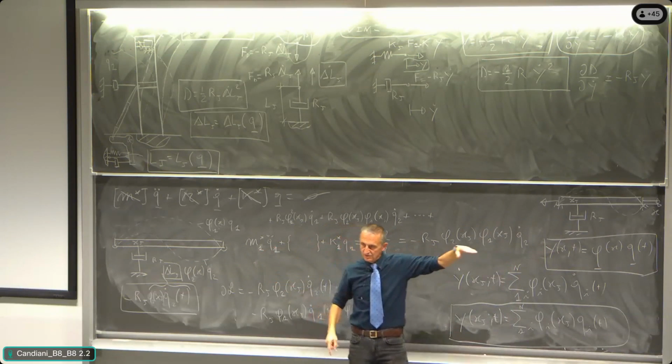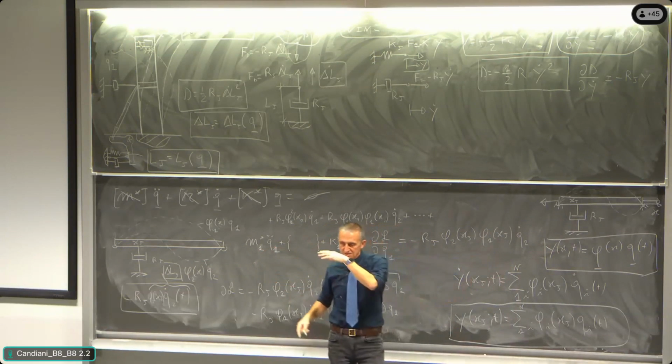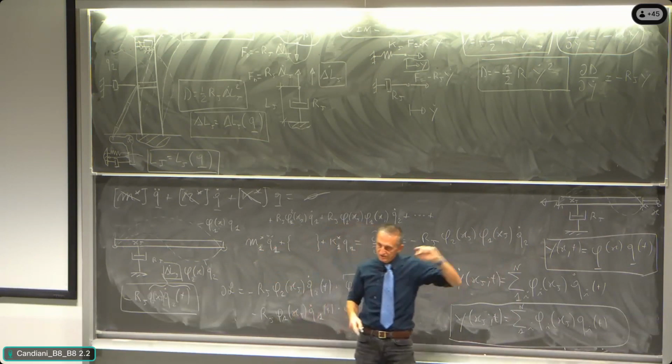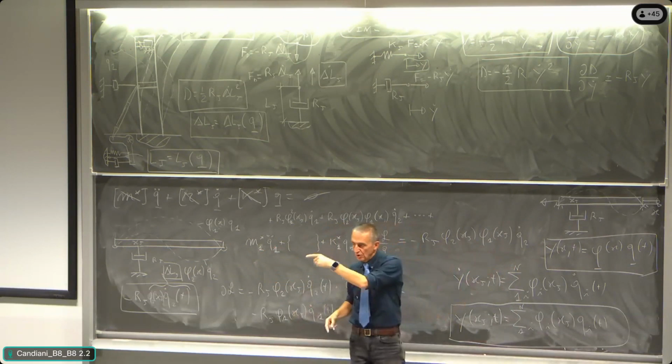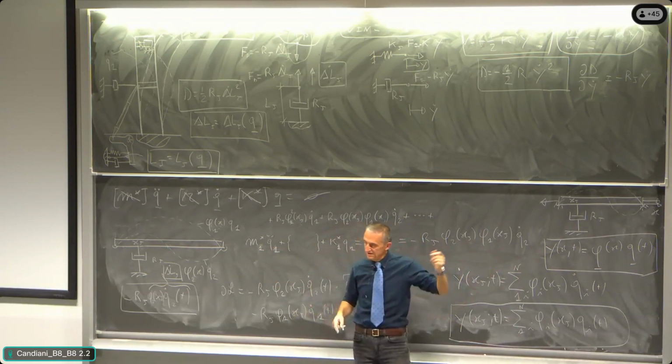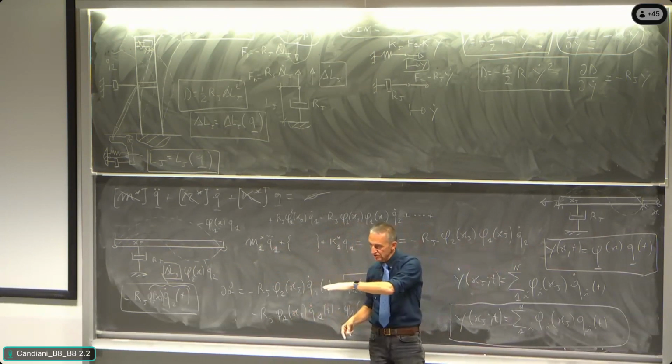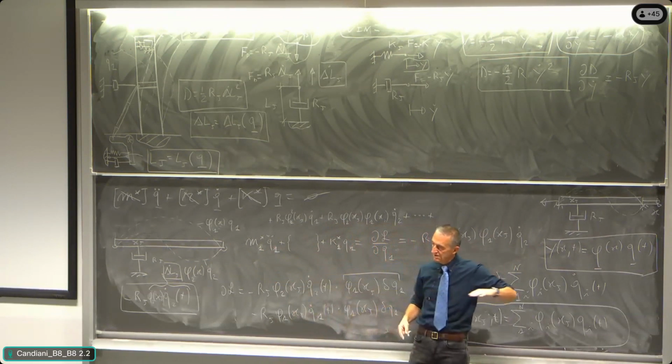When I am writing equation 1, I am taking the derivative of the potential energy, of the kinetic energy, of the virtual work, all by the first. Then I write the second equation and I take the derivative by the second coordinate.